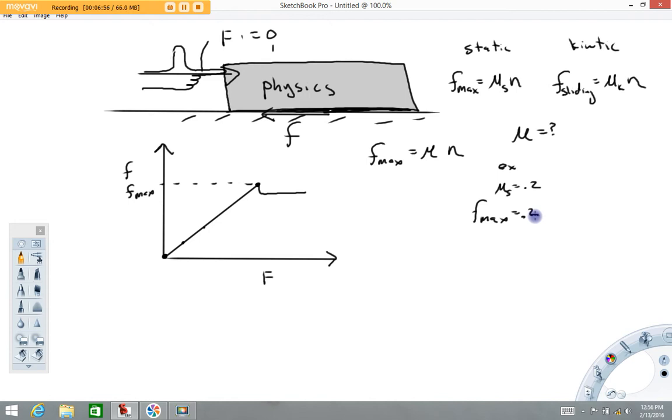If your coefficient of static friction is, say, 0.9, it means your maximum frictional force is 90% of the normal force. Frictional coefficients have no units. You'll notice that the frictional force is measured in newtons, but the normal force also is in newtons. So they're dimensionless things. So they're basically percentages.